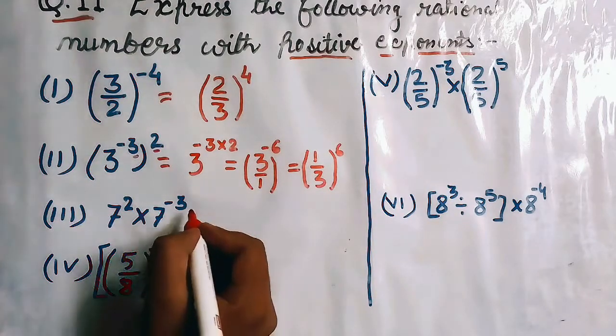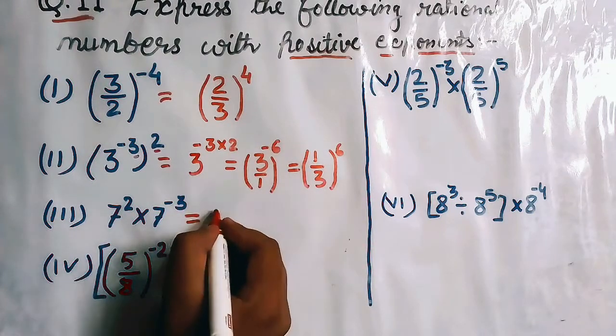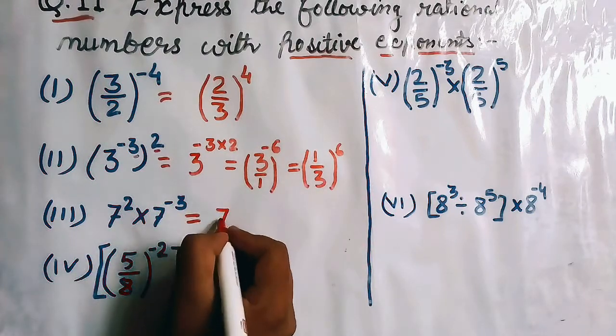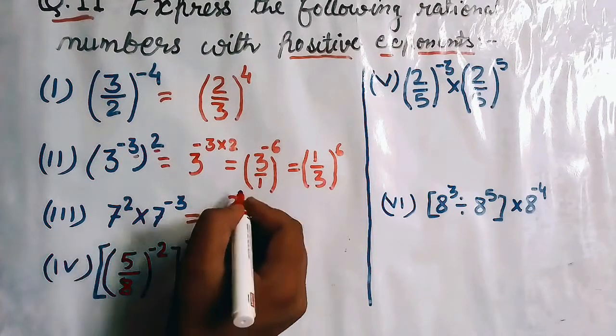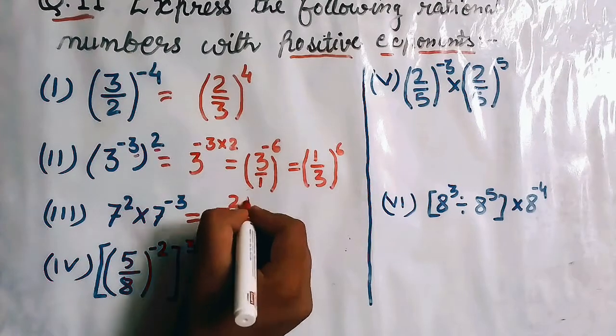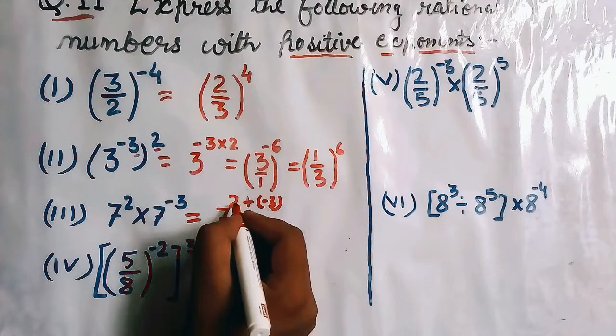Same in the next part we have, the bases are same and the powers will be plus, because multiplication is there, so base as it is and the power will be 2 plus minus 3.